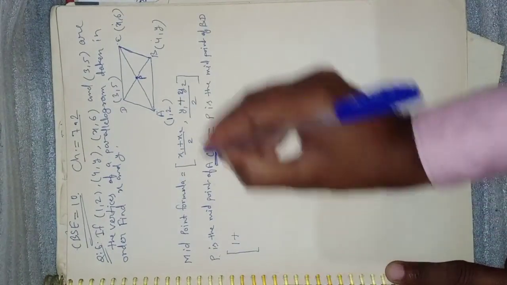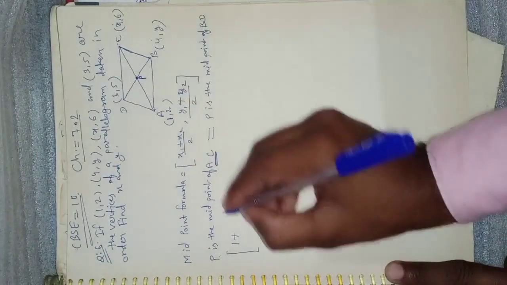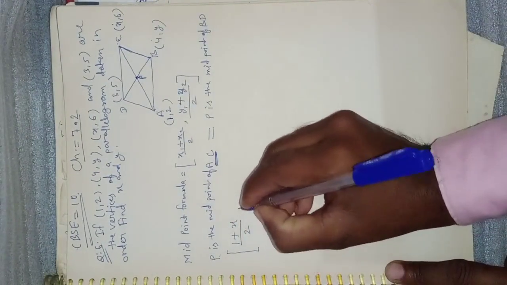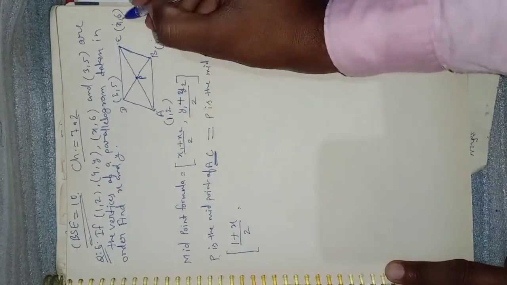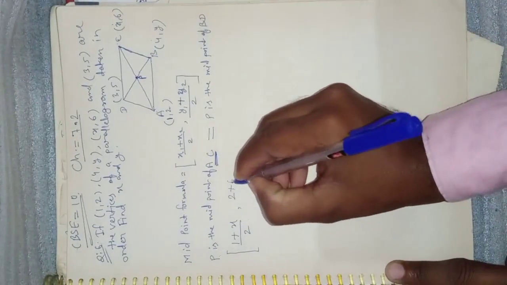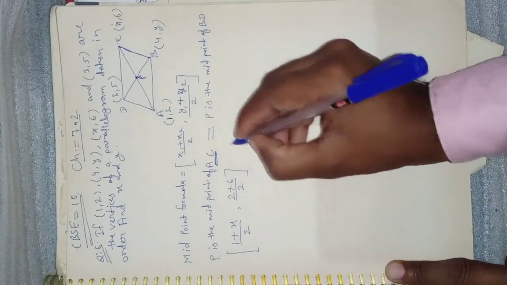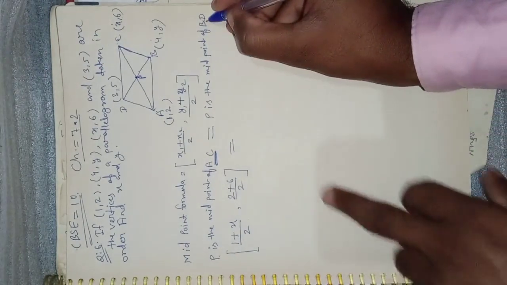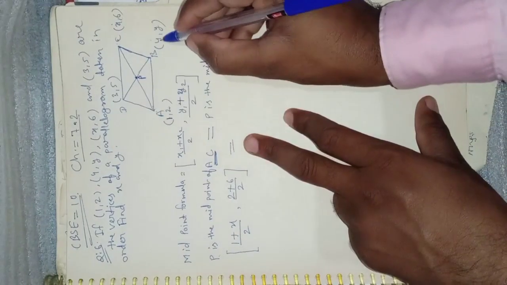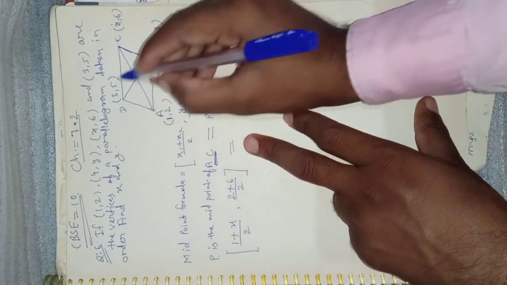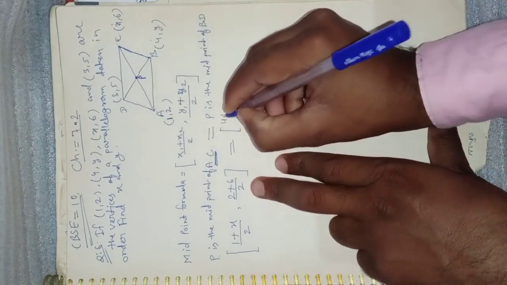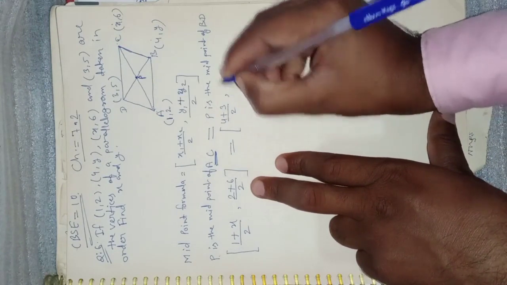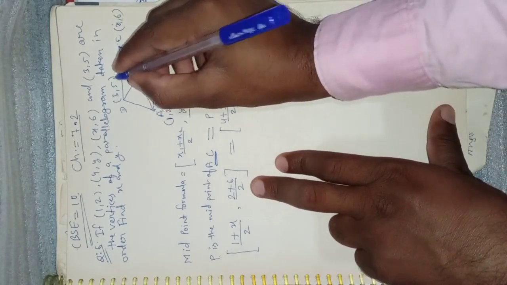So ((1 plus x) upon 2, (2 plus 6) upon 2). For BD, x1 is 4, x2 is 3, so ((4 plus 3) upon 2, (y plus 5) upon 2).